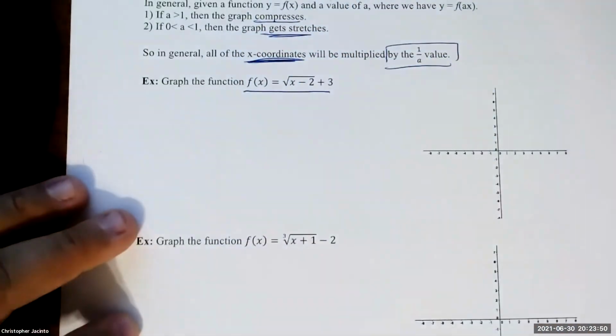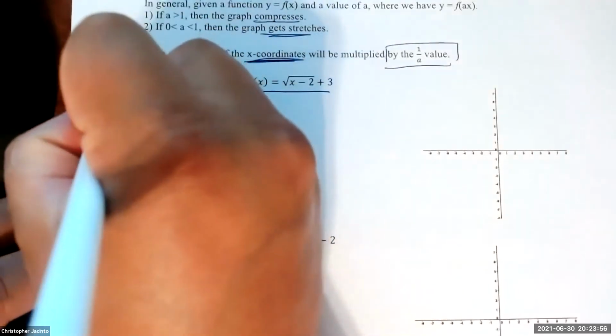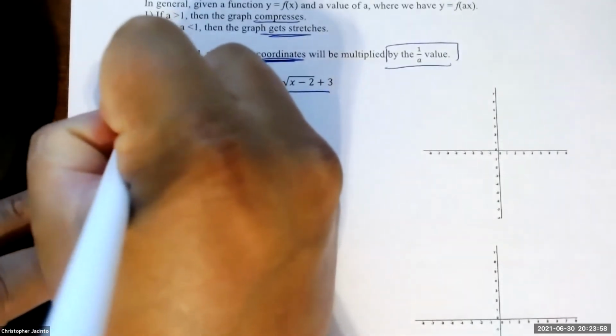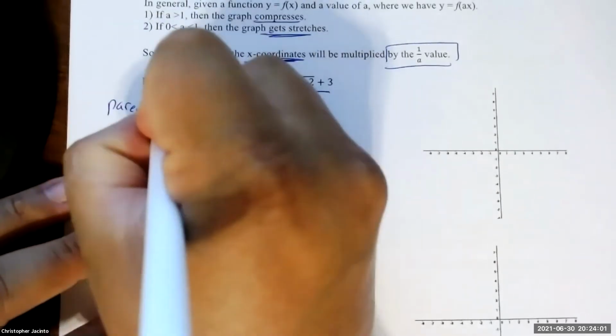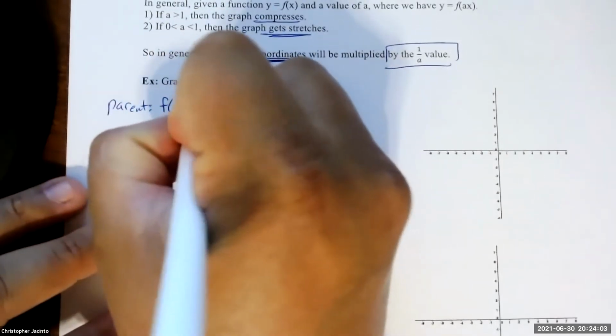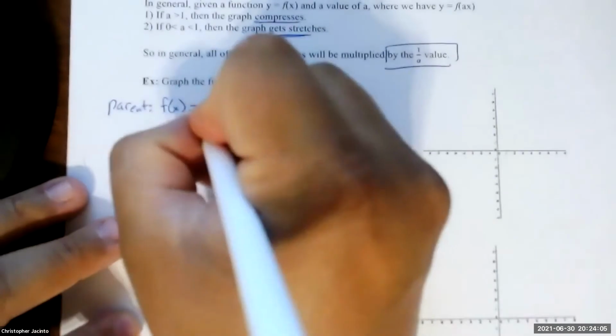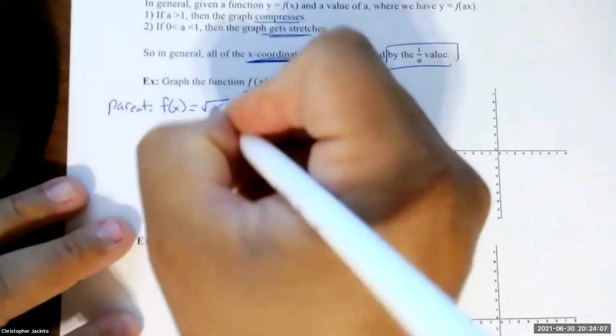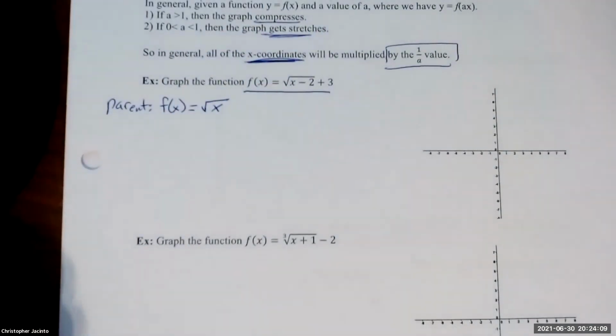Okay. So we want to graph our child function of the square root of x minus 2 plus 3. First off, we want to find our parent function. So our parent function is going to be one of those 5, and it has to look just like this. There's no other one that looks like it, right? It has to be the square root of x.